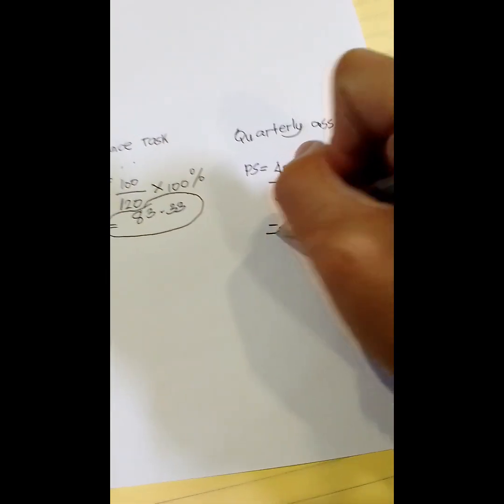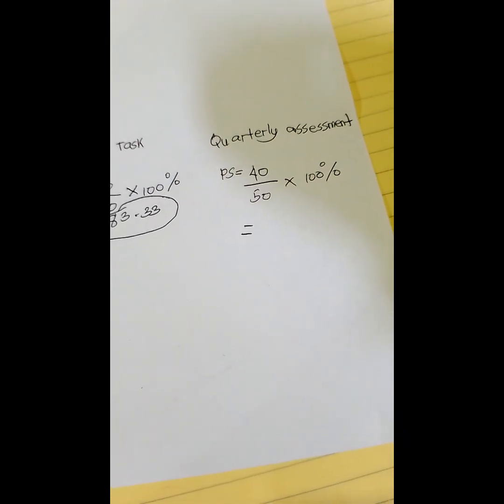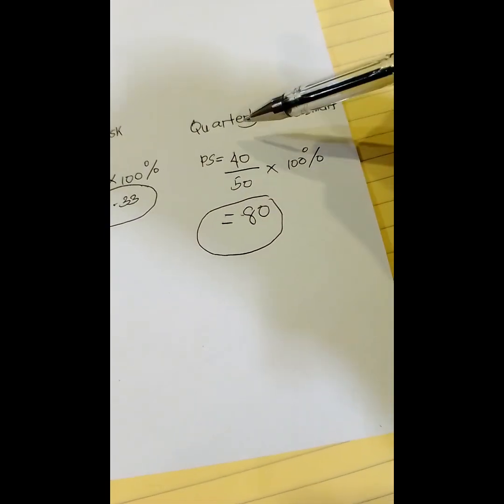Also, we need to compute this one first. 40 divided by 50 times 100 is equal to 80. So this is also the percentage score in quarterly assessment.